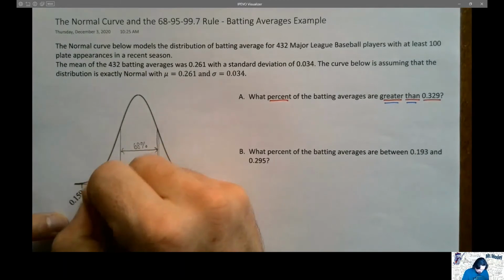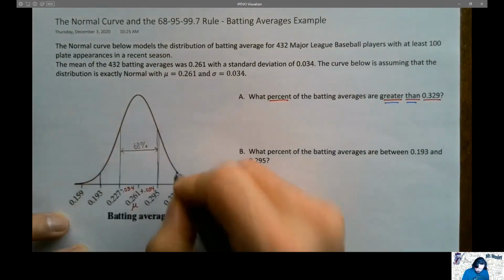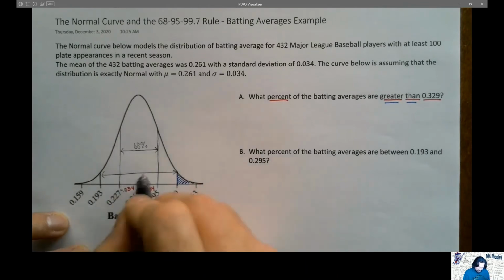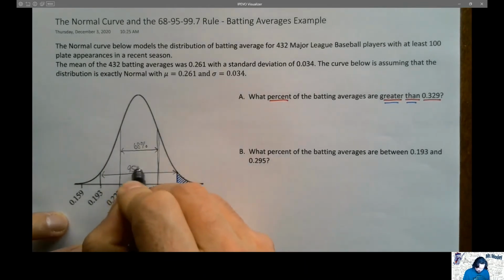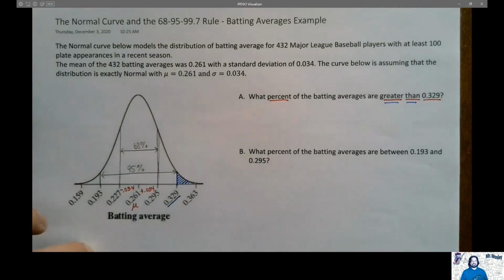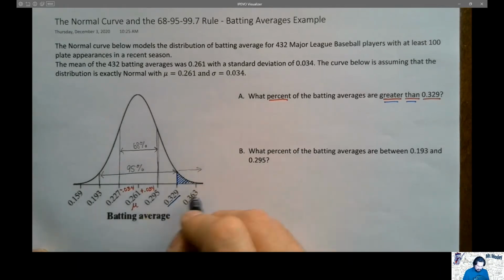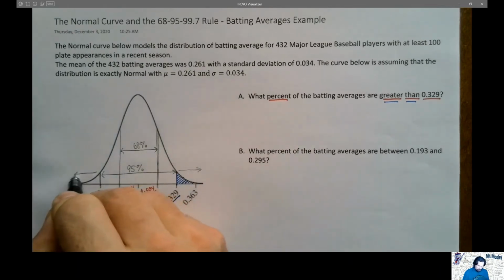If I go within these two, that is 95%, leaving 5% to the right of 2 standard deviations and to the left of negative 2 standard deviations.